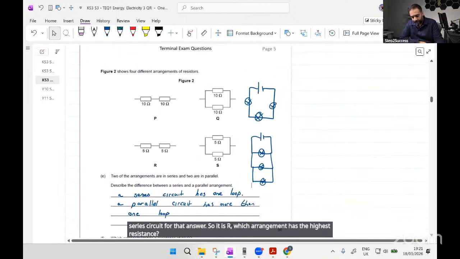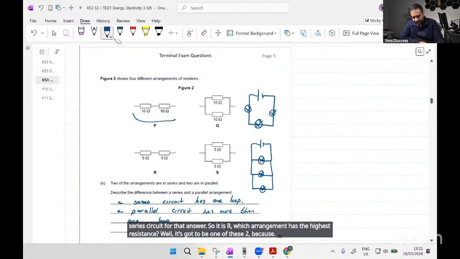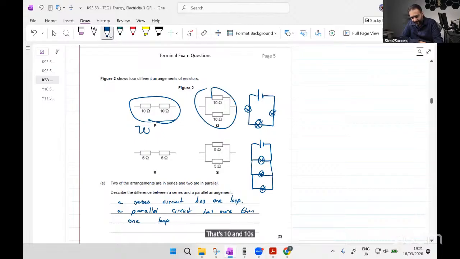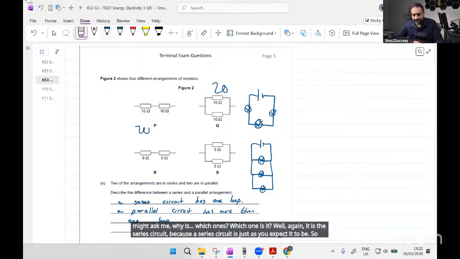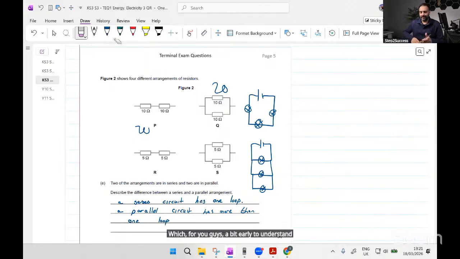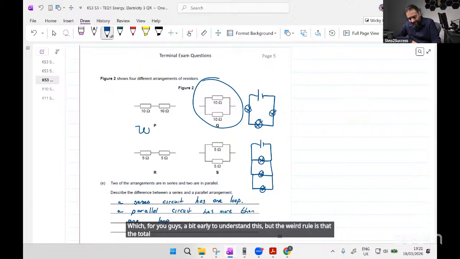Which arrangement has the highest resistance? Well, it's got to be one of these two because that's 10 and 10, so 20, and that's 10 and 10, and that's 20. But again, you might ask me, which one is it? Well, again, it is the series circuit because a series circuit is just as you expect it to be. So if that's 10 and 10, it is 20. In a parallel circuit, there is this weird rule, which for you guys is a bit early to understand, but the weird rule is that the total resistance of this circuit is less than the resistance on one of the branches.